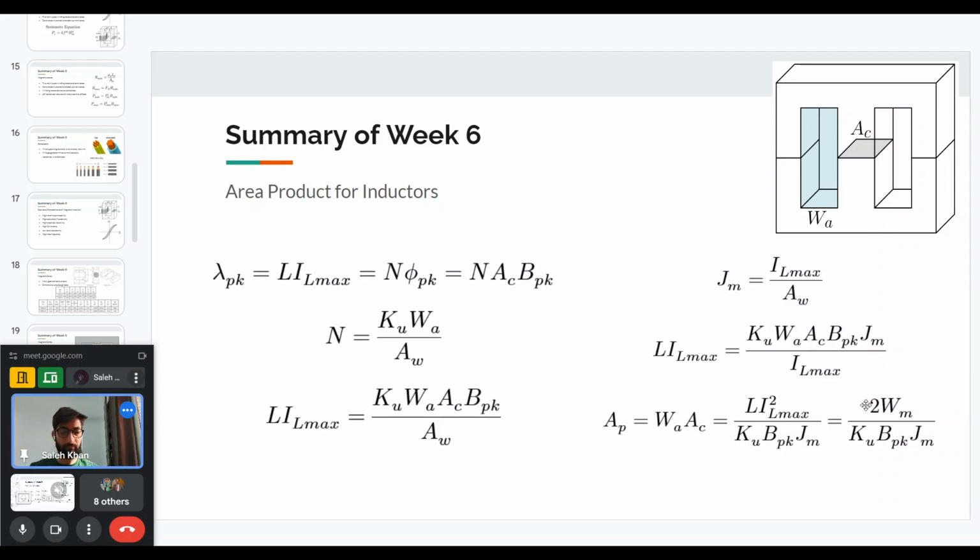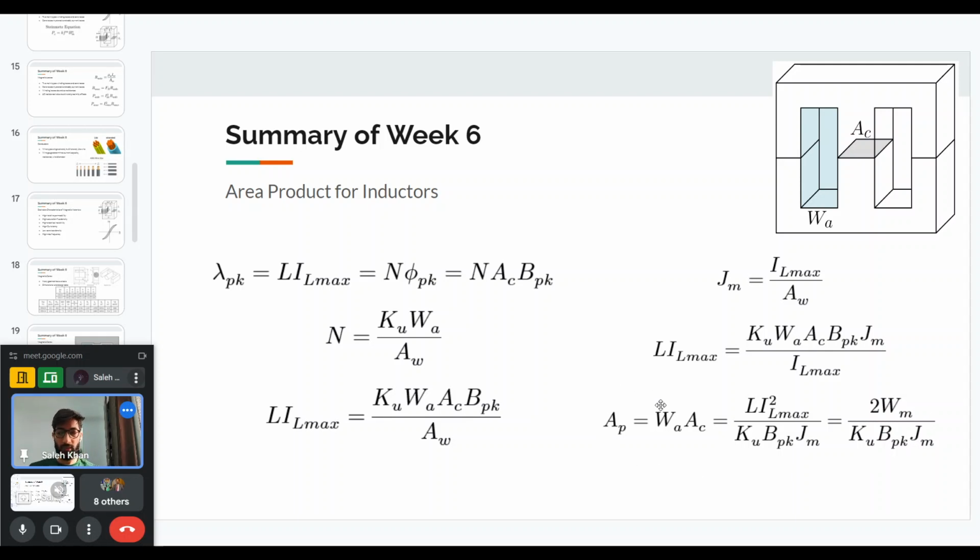And we know that area product is basically a product of these two areas, which depends on the geometry of the core. So if we select a particular core geometry, it will limit the peak energy that can be stored in that core for a particular value of this Ku, B peak, and Jm.